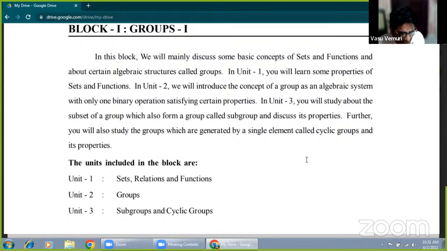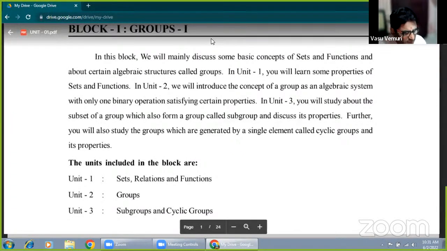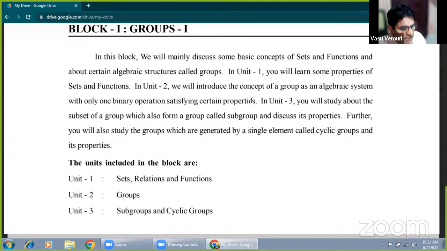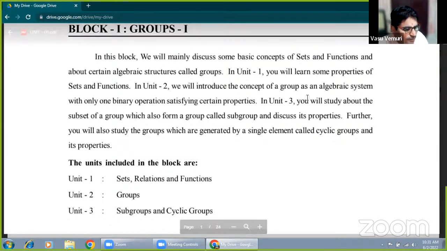Okay, welcome to all. Now this is the fourth semester of mathematics. This is the algebra paper. Algebra commences with the sets concept, and there are 4 blocks here.